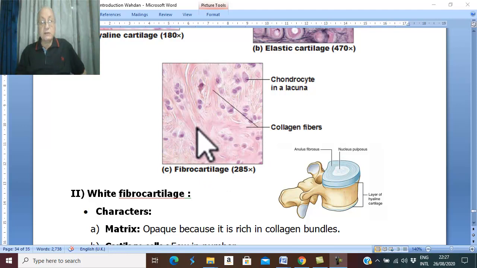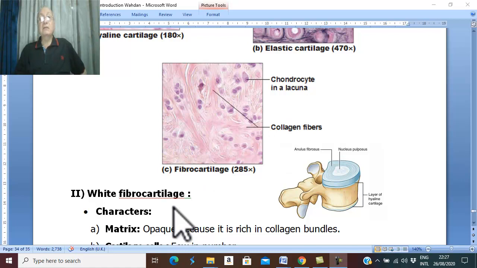All these fibers in the matrix are collagen white fibers. Therefore, this cartilage is white in color and called white fibrocartilage, full of fibrous tissue, collagen bundles. Ossification never occurs in this type.